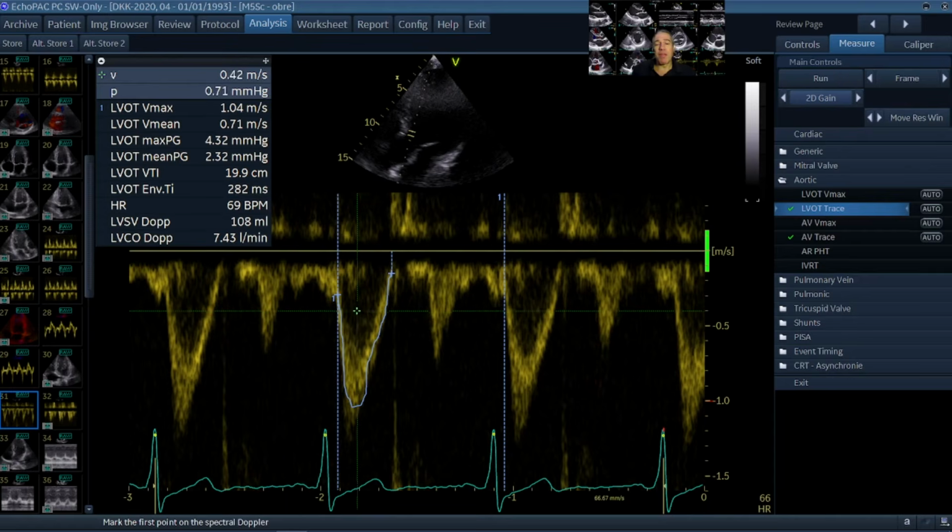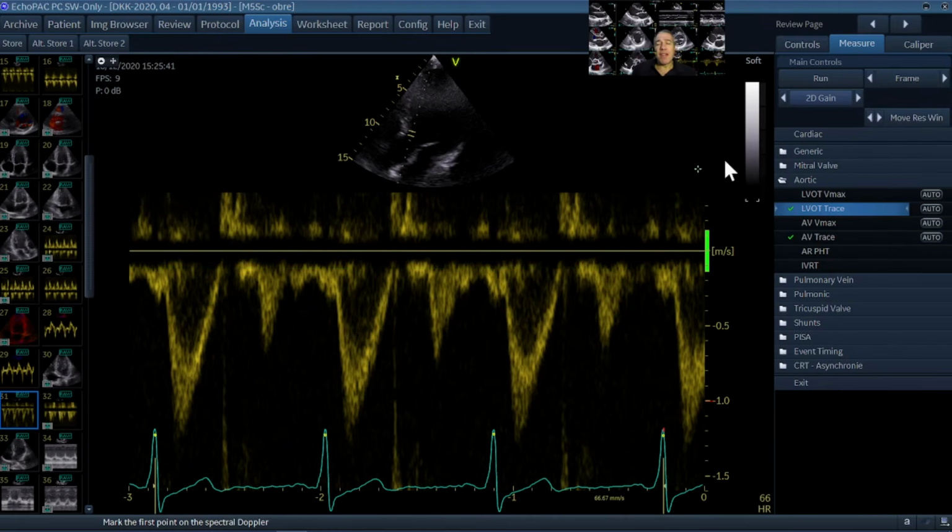Because if you do the contouring here, you integrate all velocities during systole, and if you know the area of the outflow tract where the blood flows through, you can calculate stroke volume.